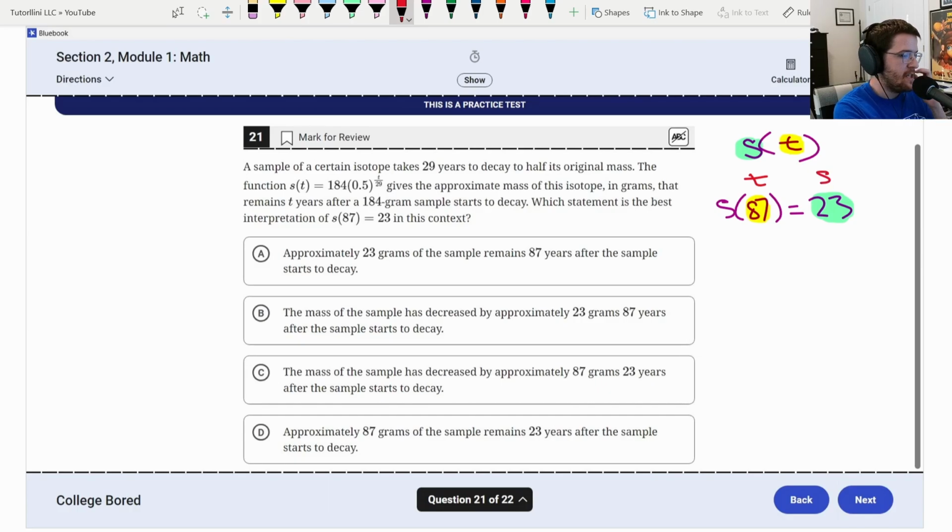Now we're going to look in the equation for the context. So let's see what it says about T. So it says T years after it starts to decay.